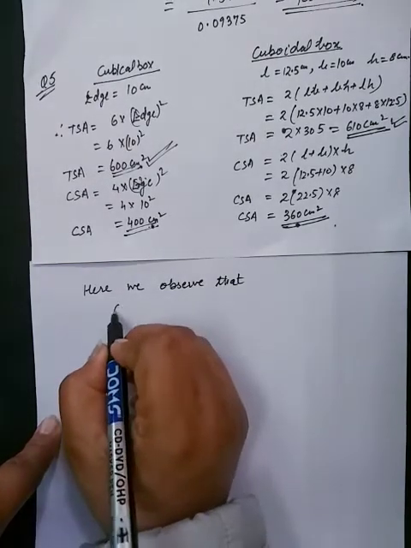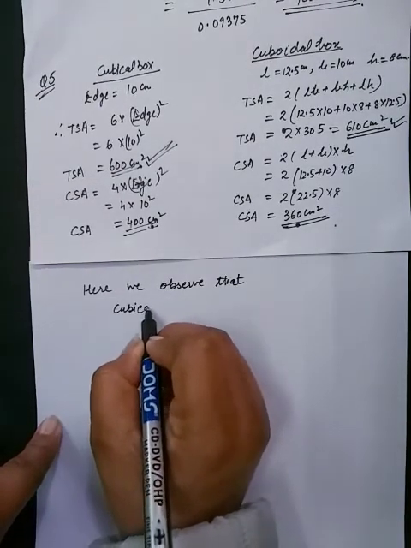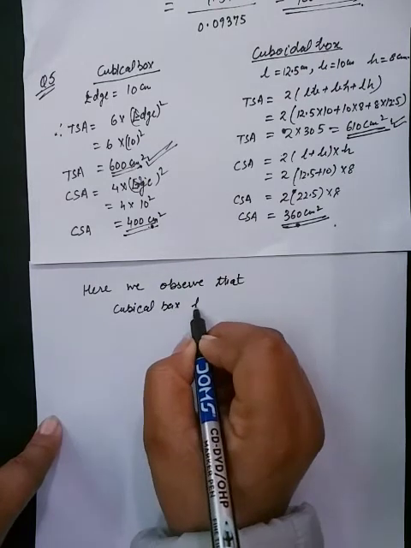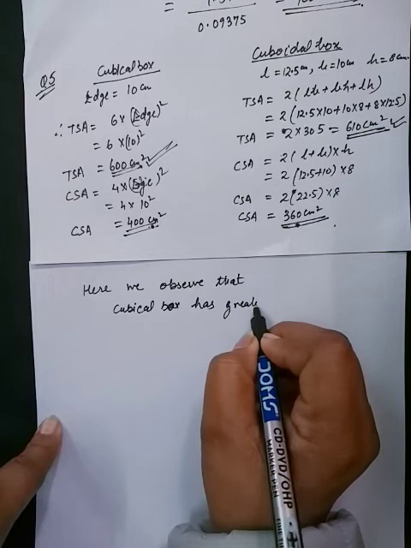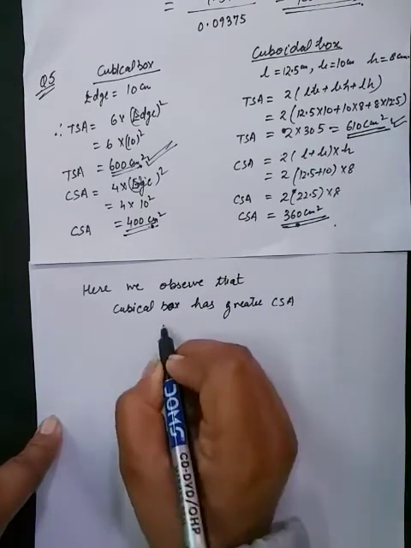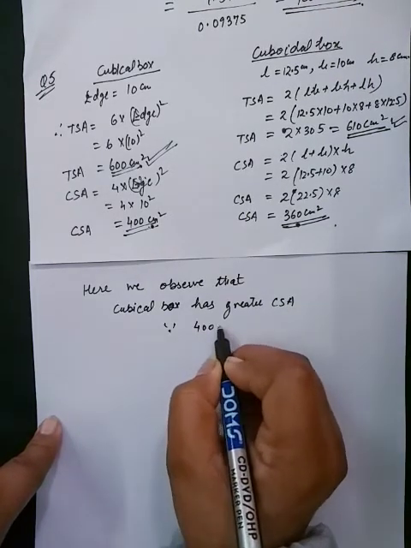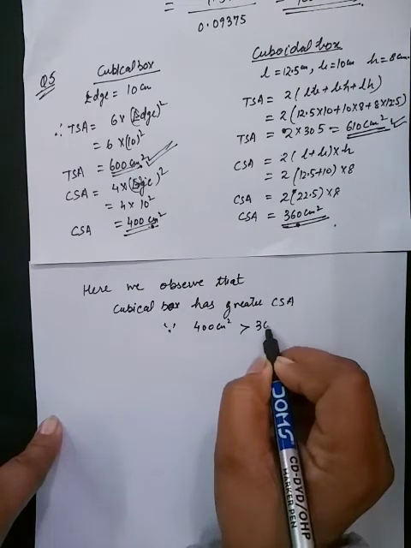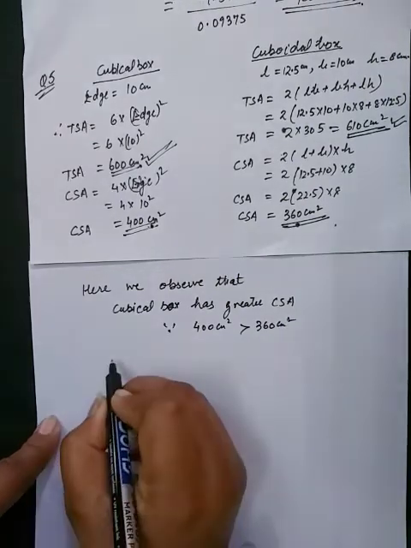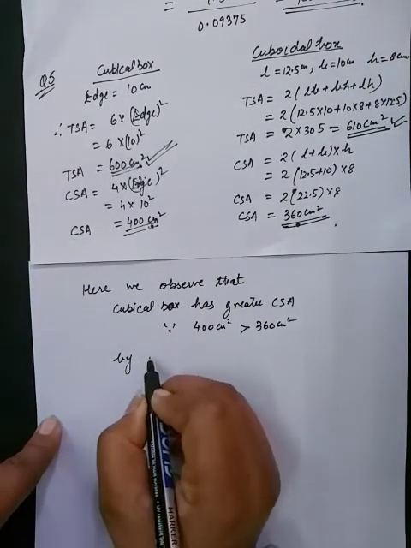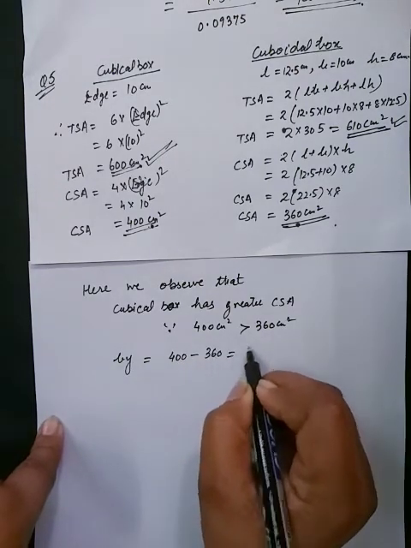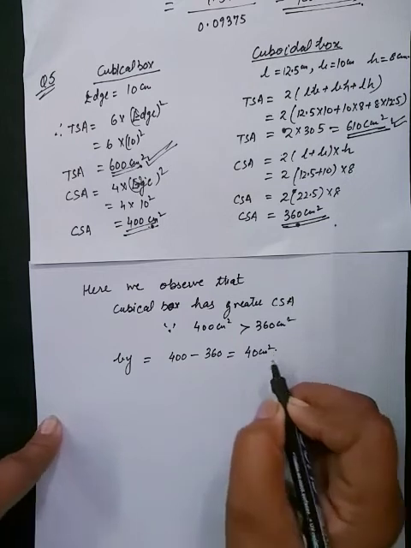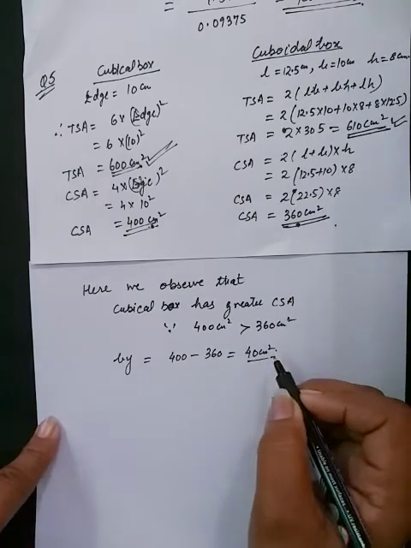We observe that cubical box has greater CSA because 400 centimeter square is greater than 360 centimeter square, and it has greater CSA by 400 minus 360, 40 centimeter square. So this is the difference of both of the CSAs.